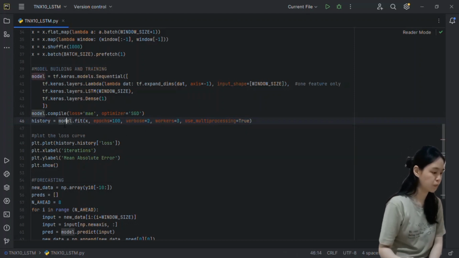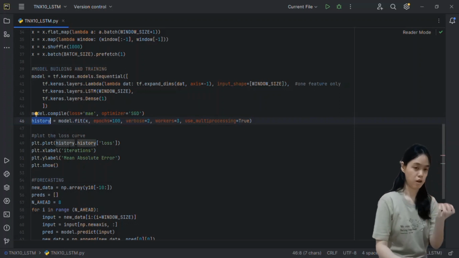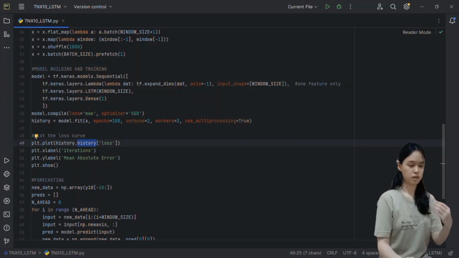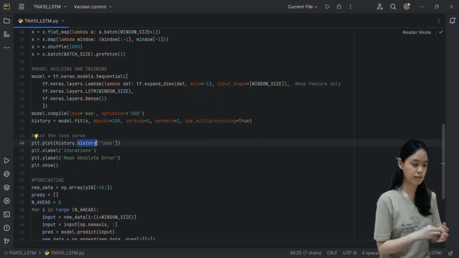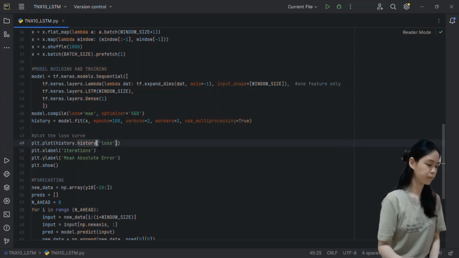And then the result of the training would be stored in history. And history is an object, and it has a history component, which is a dictionary. So if we want to get access to the loss of this training, the error, we get it by doing this.